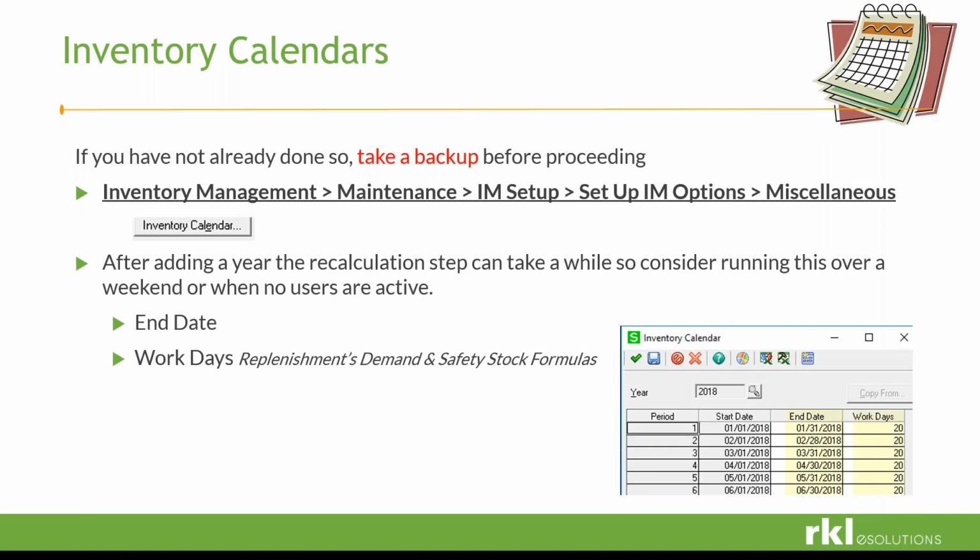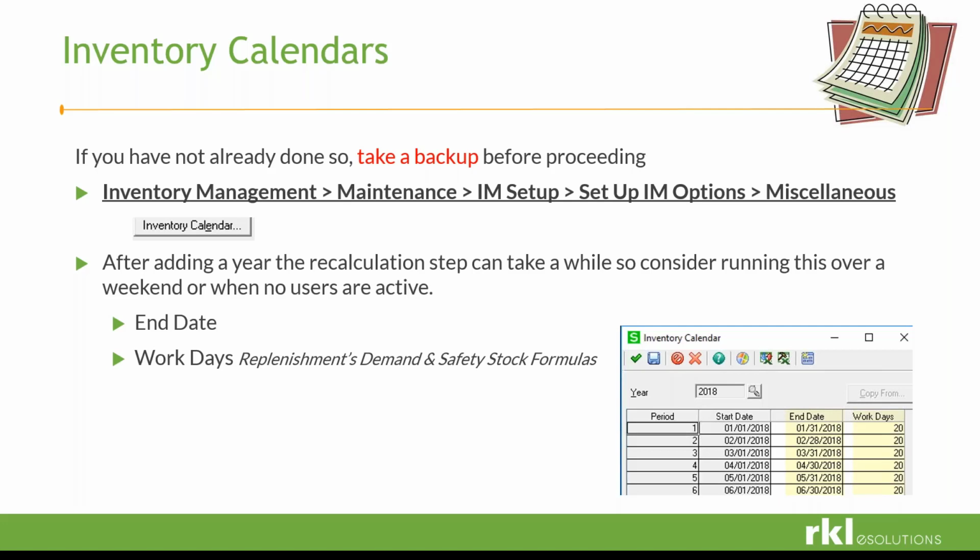So getting ready for the coming year, you may need to set up a new inventory calendar. So if you haven't already defined the 2019 year in inventory management's setup IM options, on the miscellaneous tab, there's an inventory calendar button. You can click the look up, the little magnifying glass, to see what years have been defined already, or you can click the button to add a new year.